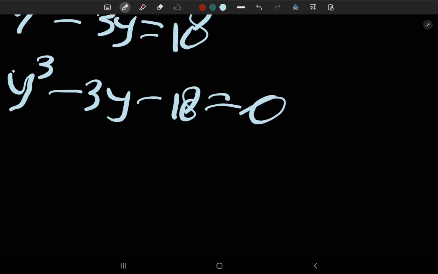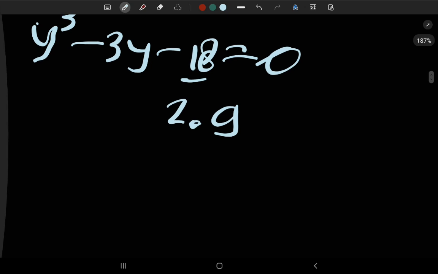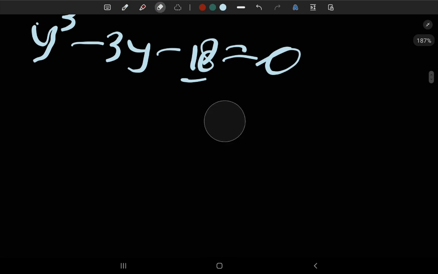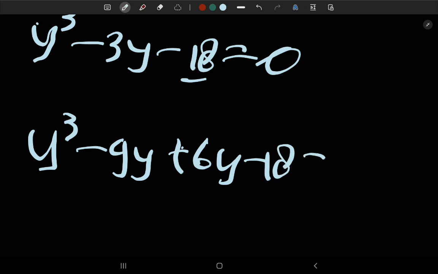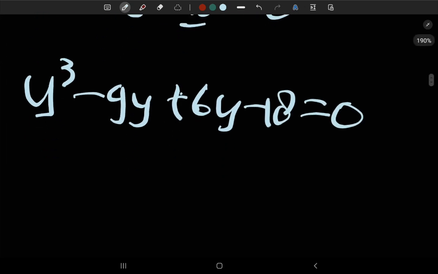Now 18 is a factor of 2 times 9. So we can basically write y cubed minus 9y plus 6y minus 18 is equal to 0. Now we factor out the y's and then the 6.